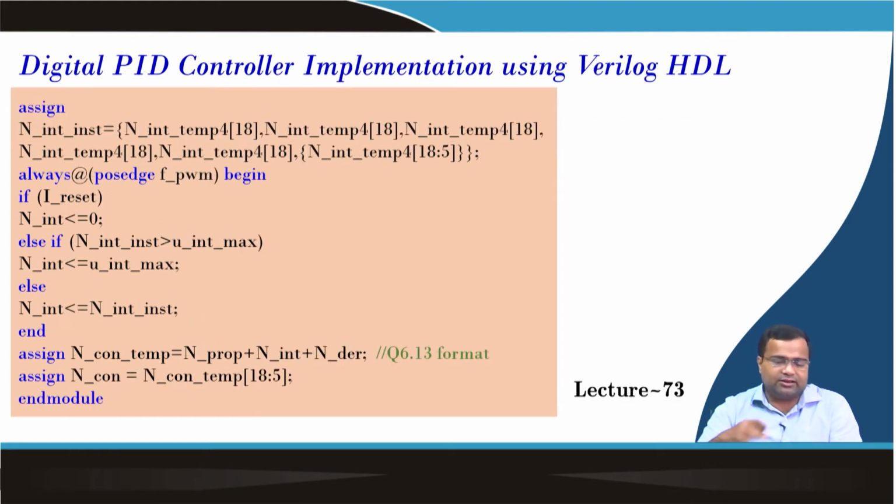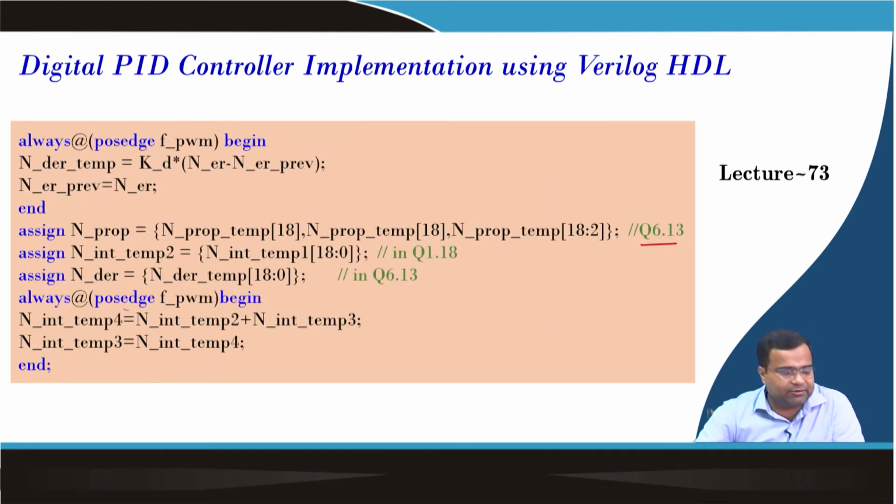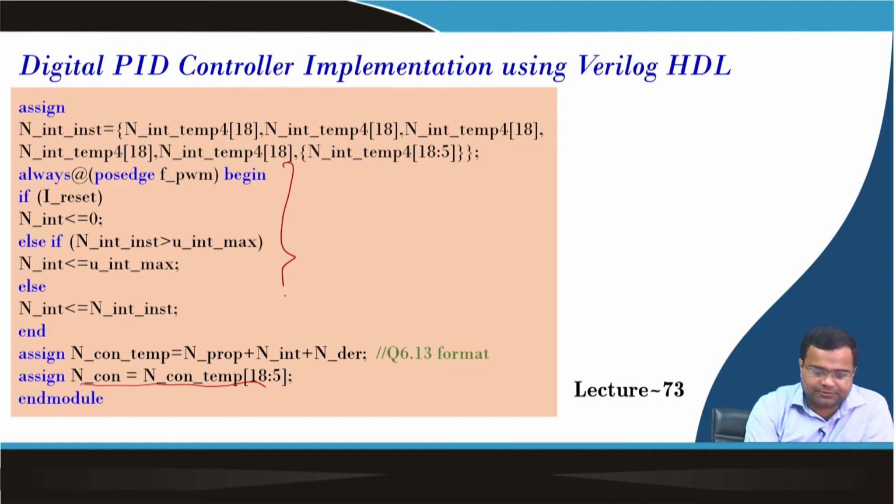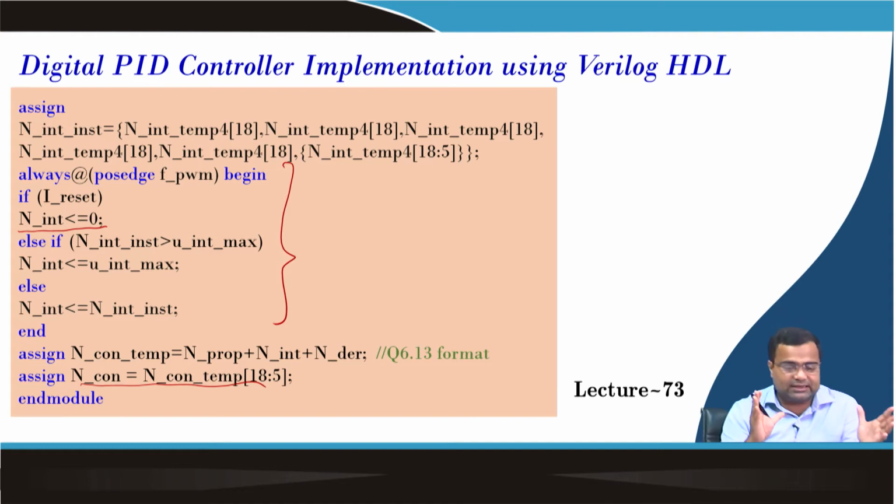So, this is resizing the data, and then finally we generate the controller, and here you will find the output of the integral, which is this one. If you see this block, the integral controller output will be 0 if the I reset is enabled, otherwise it will take the regular integral action. So, when the reset is high, the integral will be disabled and the output of the integral will be set to 0.